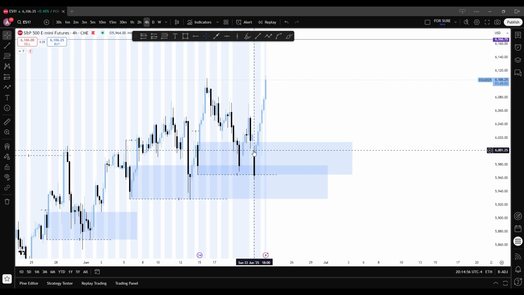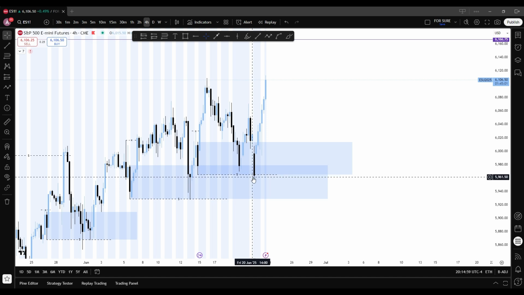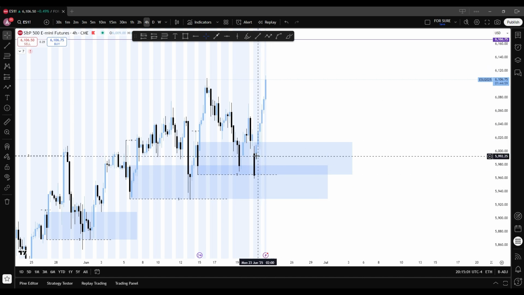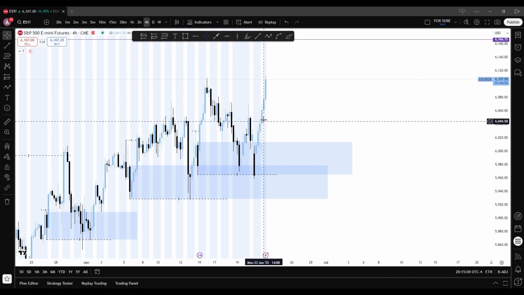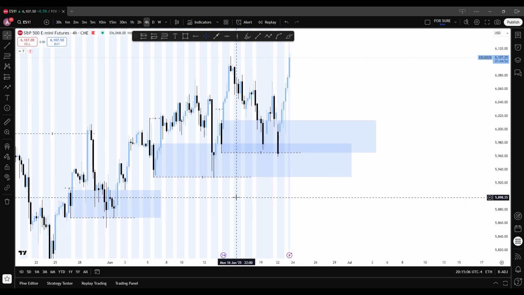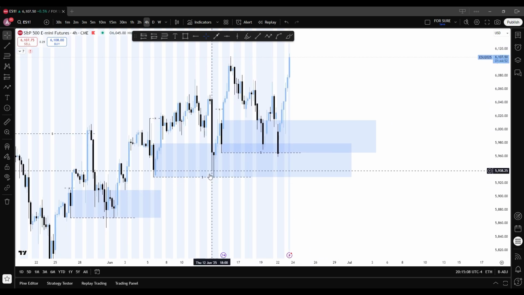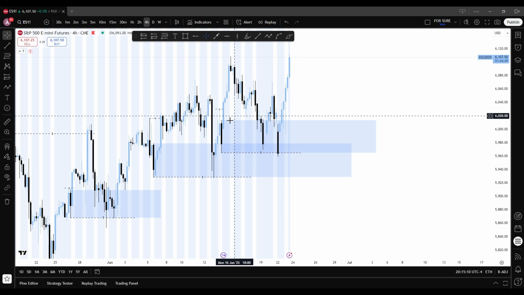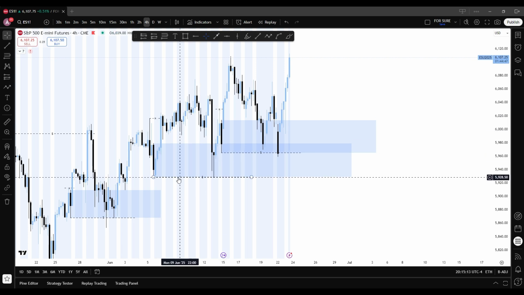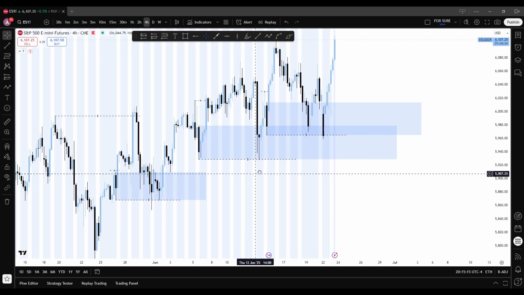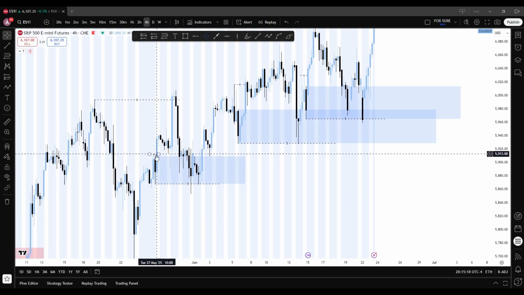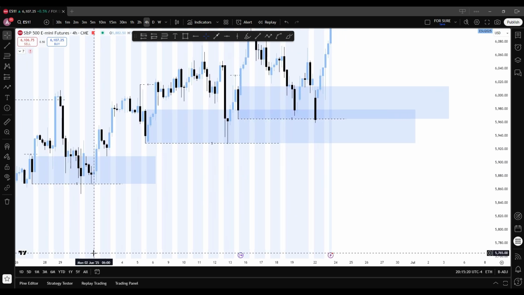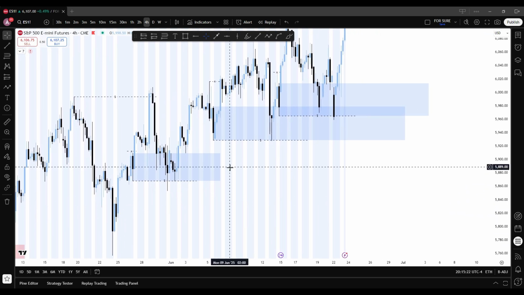Just because? No, it's because we had grabbed liquidity, and the market used that liquidity to have this big move up. Same thing happened here. I know I already went over this multiple times, but I really want to get this engraved into your head. Always be on the lookout for liquidity and order blocks. Me personally, I like to mostly look for liquidity, because again, liquidity moves the market.